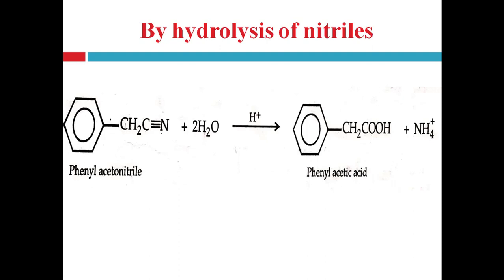So hydrolysis of the C triple bond N group leads to the formation of the carboxylic acid group COOH. So phenyl acetonitrile is converted into phenyl acetic acid.